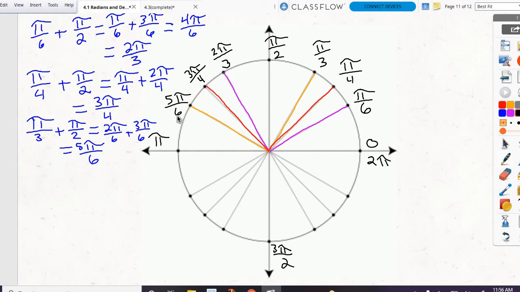So, on our third quadrant, what would I do in order to find these three? I can add pi to my original three.